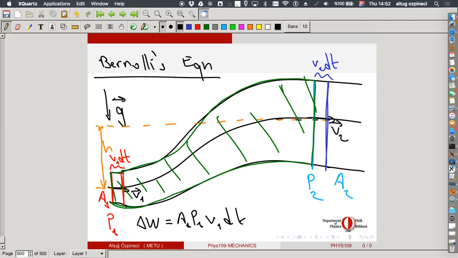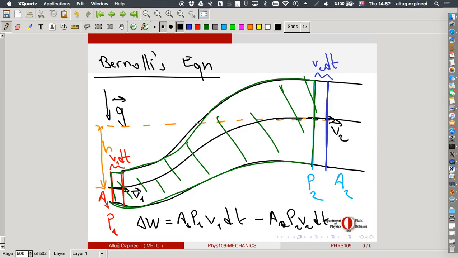On the other hand, if we look at over here, in this area the pressure is pushing it in the direction of the motion. Here, the pressure is pushing it in the opposite direction, so the work done by this force is negative. This is minus A2 P2 V2 dt.